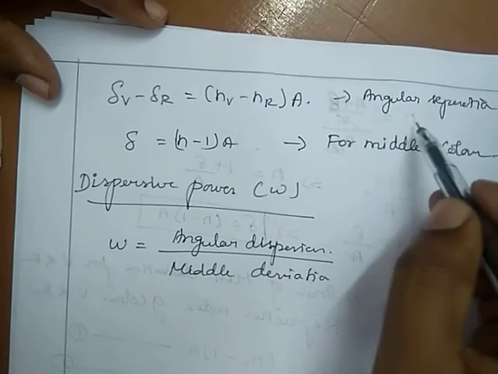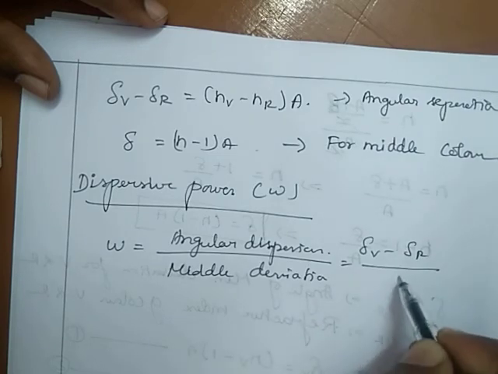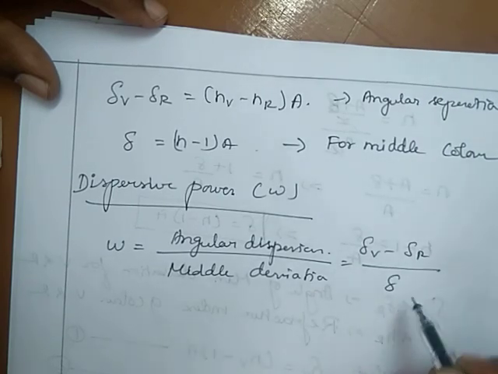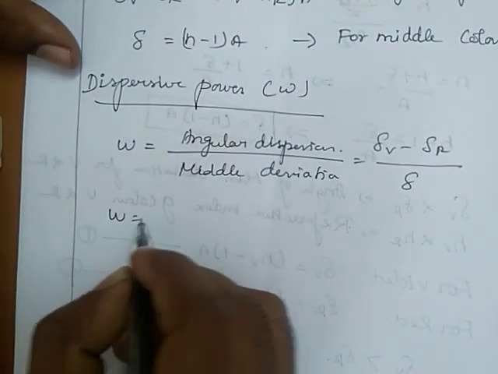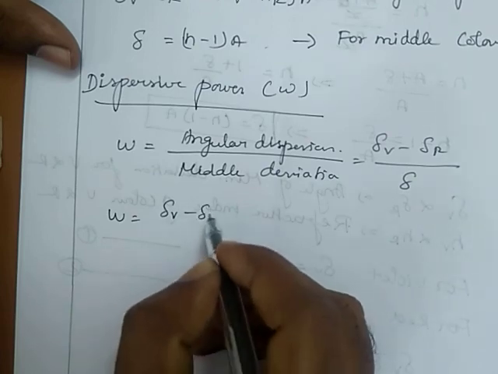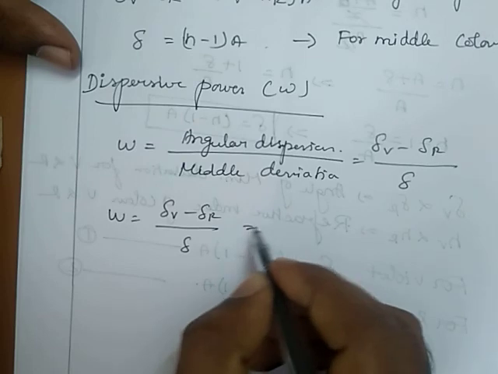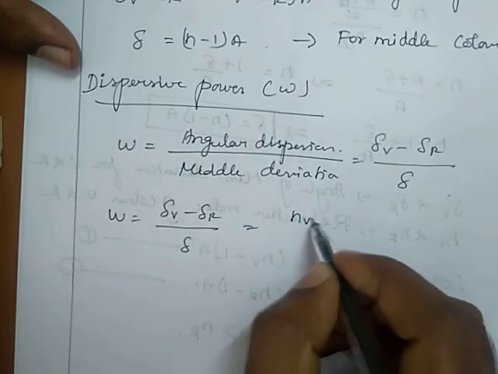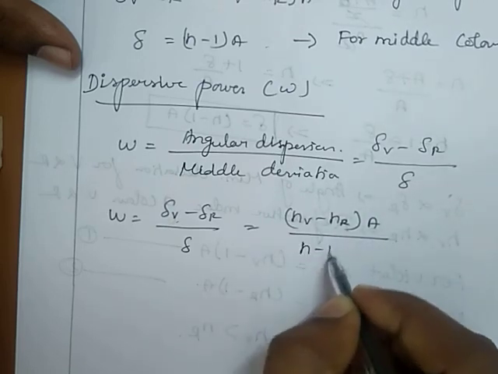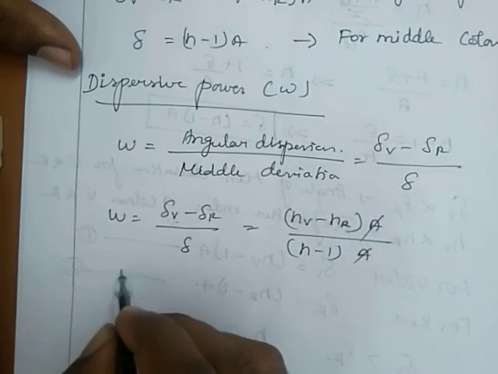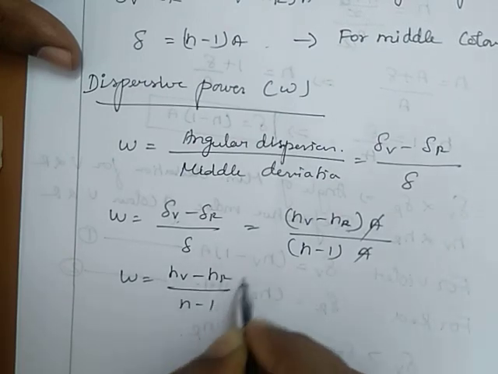Angular dispersion is δV minus δR, and the middle deviation is δ. Then omega is equal to (δV minus δR) by δ. Here δV minus δR is (nV minus nR) into A, divided by (n minus 1) into A. The A cancels, then omega is equal to (nV minus nR) by (n minus 1).